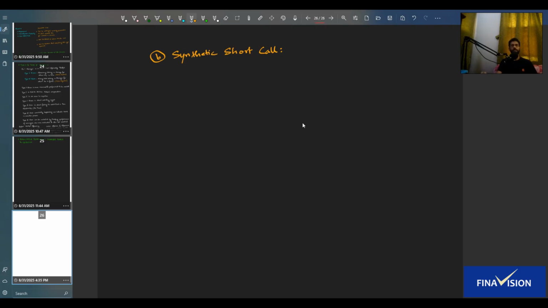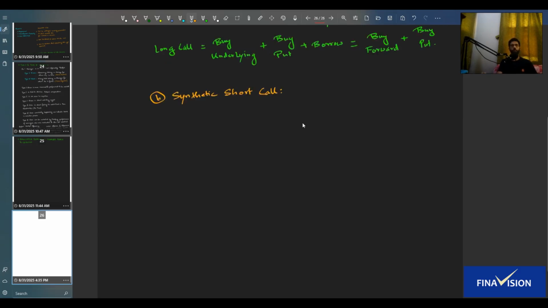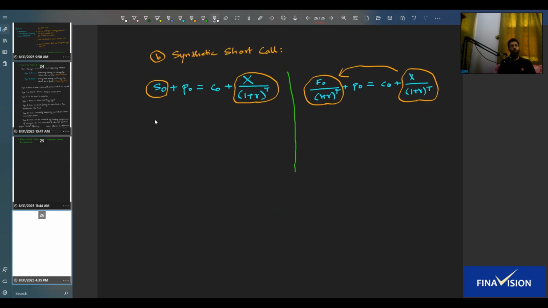Let us do one thing. Let us copy the forward parity equation, the put call parity equation and the put call forward parity equation once again here. Okay. Short call is equal to, there is a cash inflow of the call premium. So plus C0, right? Plus C0, cash inflow.